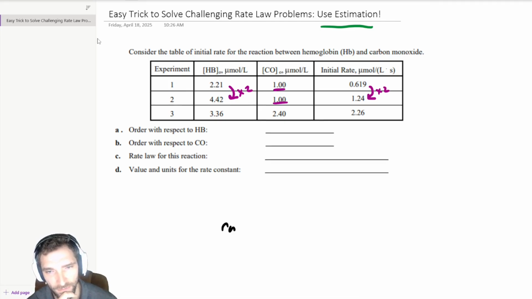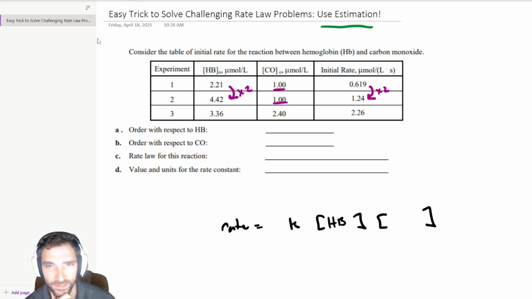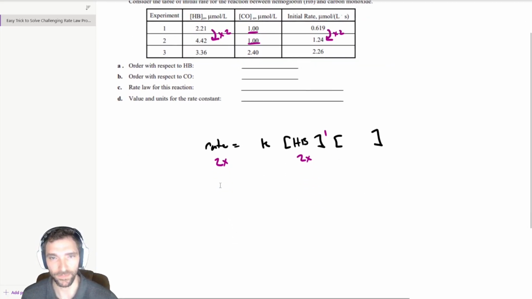In our rate law, you've got the K and then you've got our two different variables and they're going up to some sort of power. For the HB, we can see just from this piece that this has to be up to the first power, because if I times this by 2, this is also times by 2. Relatively easy, that first part.